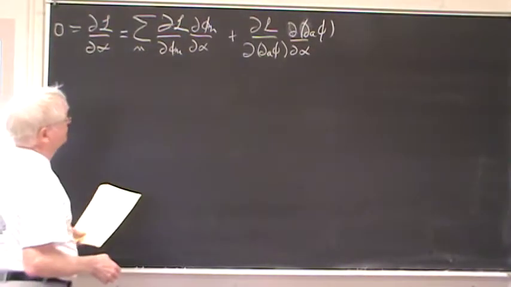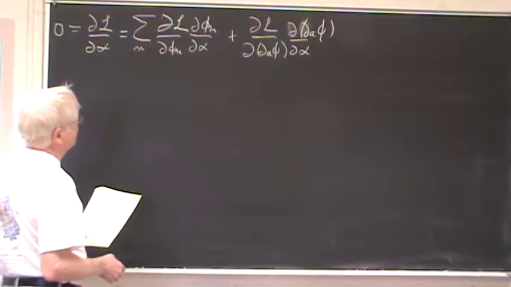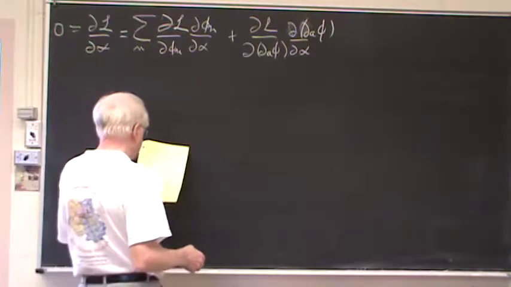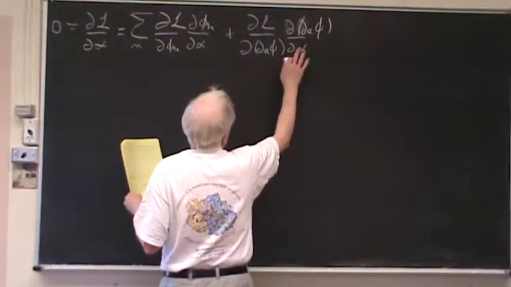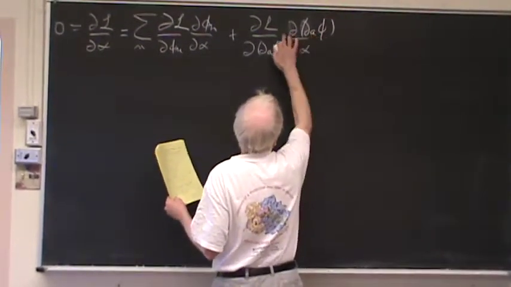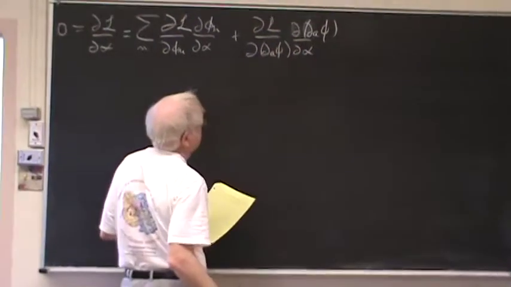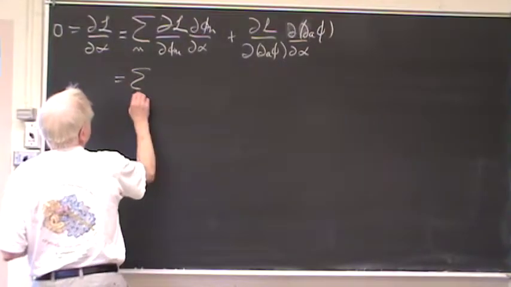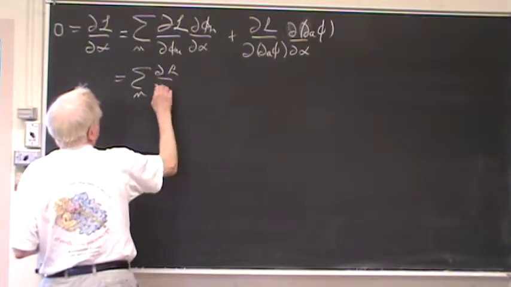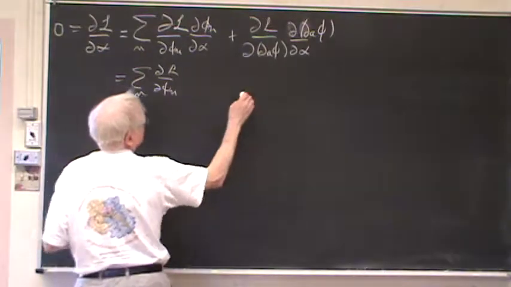Now, we can write this in different ways. We can say that this thing, of course, we can take the dA out and put it in front of the d alpha. So we can say that this is a sum on n, partial L, partial phi n, oh, there's an n here.